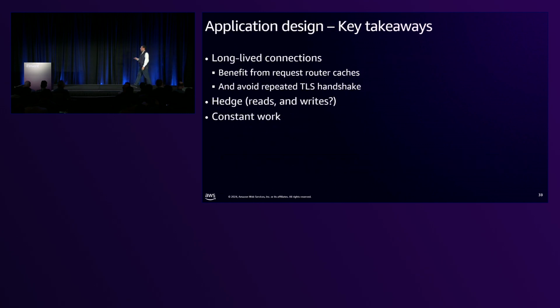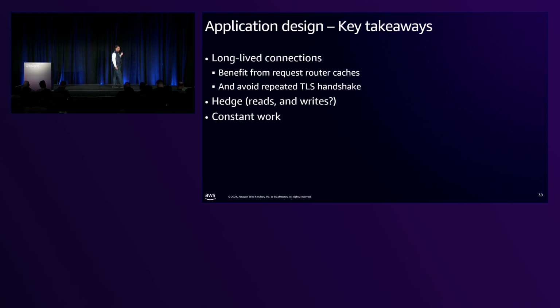If you have long-lived connections to request routers as you do, there's a benefit. You don't do TLS handshakes every time, but you also get the benefit of the caches we have on the request router. Even if you're building an application which is using lambdas, try and use a pattern which will keep a long-lived connection to DynamoDB. It's a significant benefit to you.